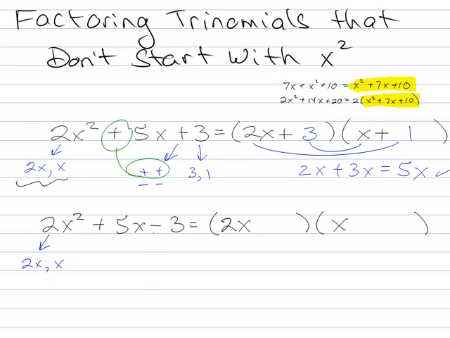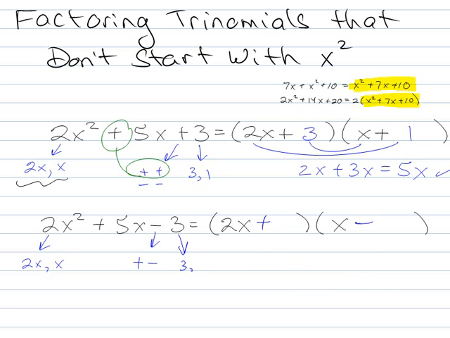Now, this is a minus sign, so one of them has to be positive and one of them has to be negative. That's the only way to get a negative 3 is multiply negative number times positive number. Now, here, order matters. This is going to give me a different result than this. Okay, so I really need to watch it. I'm going to go ahead and have it the way I put it in initially. Like this.